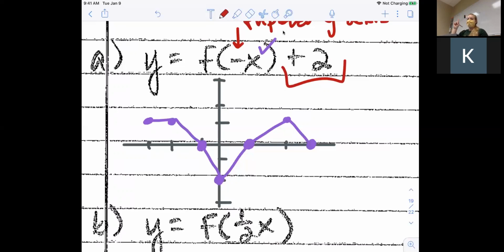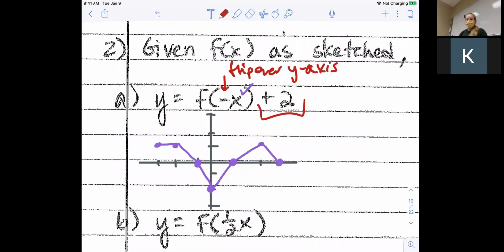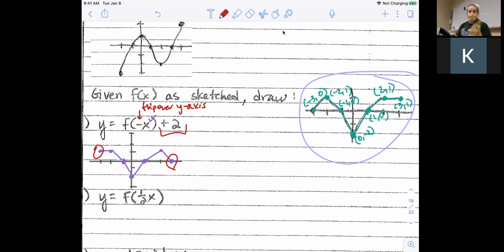Wait, what is? Sorry, I didn't mean to interrupt. Is this the flipping over the y-axis? We did our flip over the y, and now I'm going to move everything up 2. What exactly changed? These last 2 points. All the other points are basically the same.